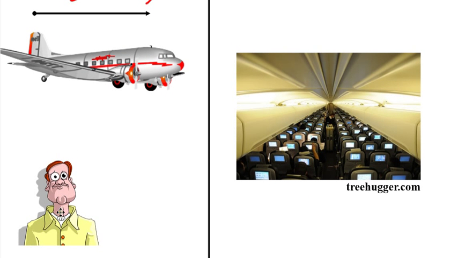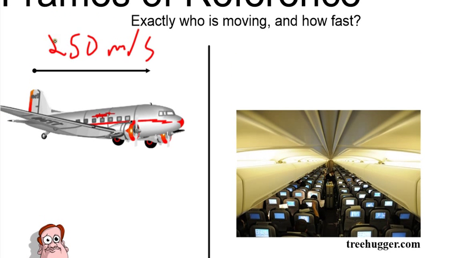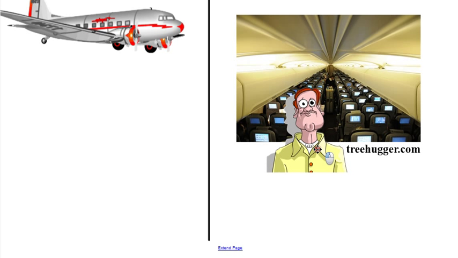Now, if we are an observer, like this guy down here, watching this airplane, it appears to us that this airplane is moving to the right at 250 meters per second. But if we are inside of the plane, you do not appear to be moving at 250 meters per second. Outside actually seems to be moving 250 meters per second backwards. You don't have a right or a left in that particular case when you're in the airplane.